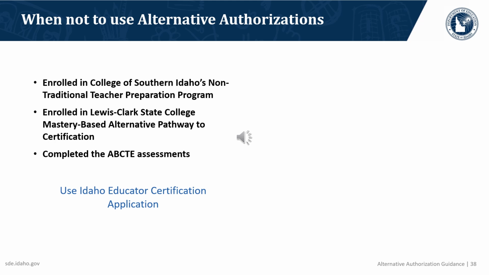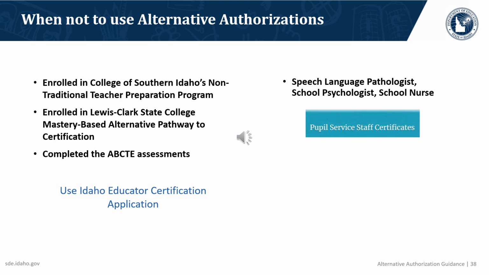For specific information regarding how to receive a 3-year interim certificate for speech-language pathologist, school psychologist, and school nurse, please visit the Pupil Service Staff page on the certification website. For more information for non-traditional routes, please visit our website for non-traditional candidates. Here, you will also find a non-traditional route summary.